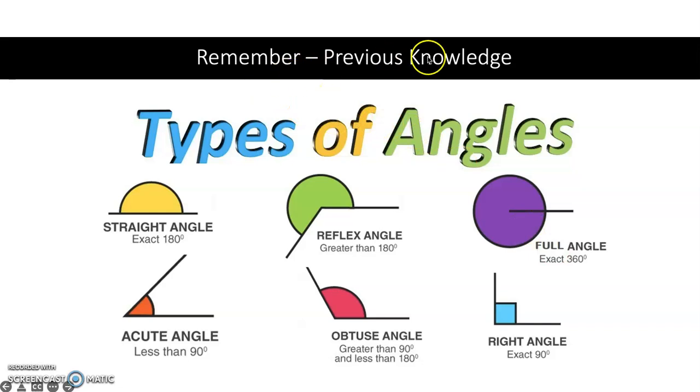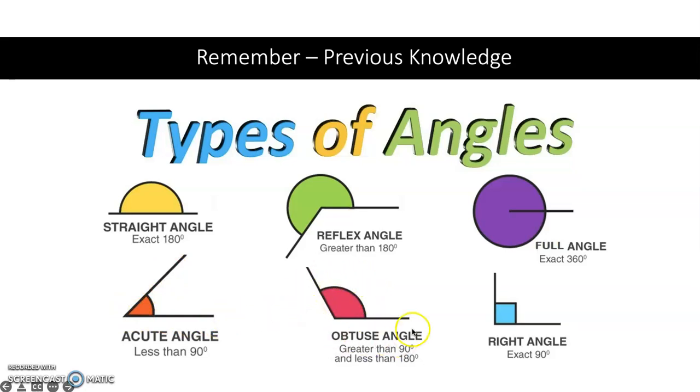So let's remember some things that you've learned in your previous math classes, and that is the types of angles. A straight line is a straight angle. A straight line has a degree of 180. An acute angle is an angle that is less than 90 degrees.